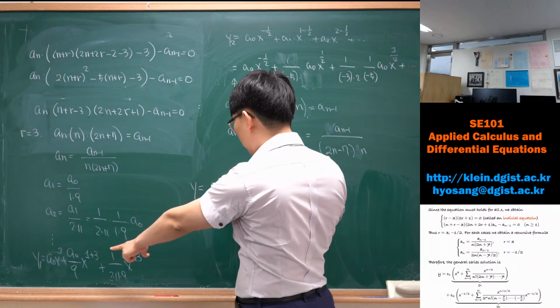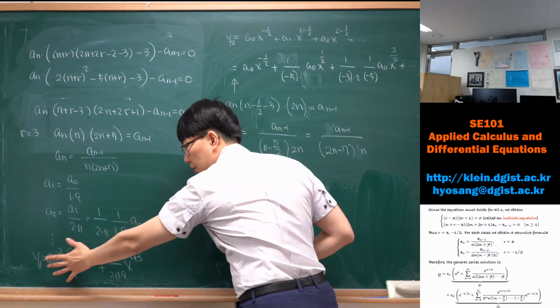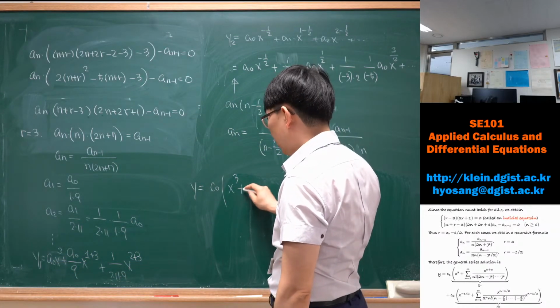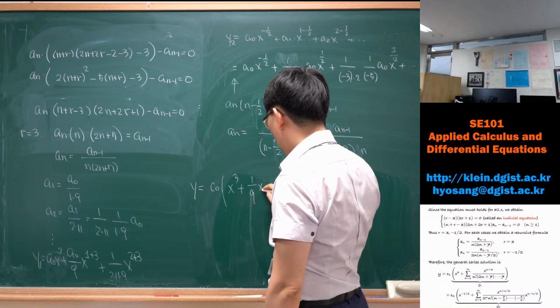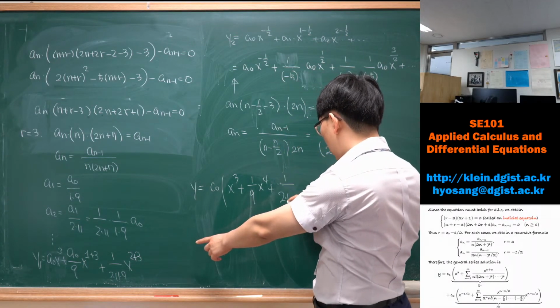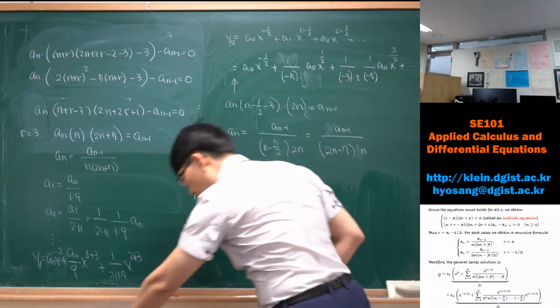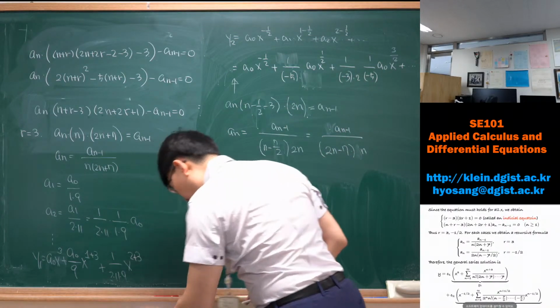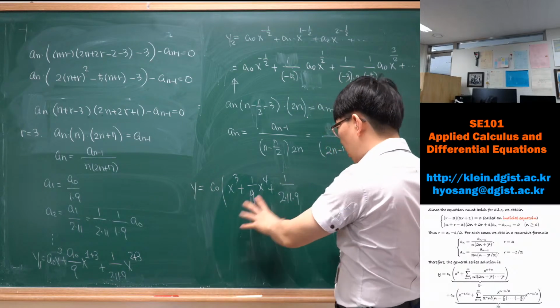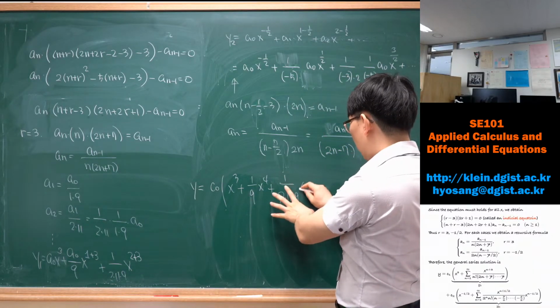So for example, let's replace a_0 with c_0 in this solution. We have x cubed plus 1 over 9 x fourth plus 1 over 2 times 11 times 9 x fifth. I might do this computation, but you can look at the slide for the actual value here.